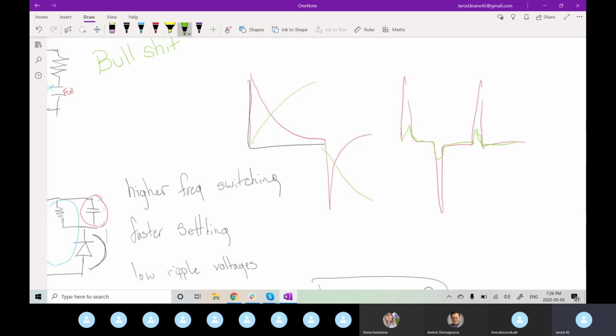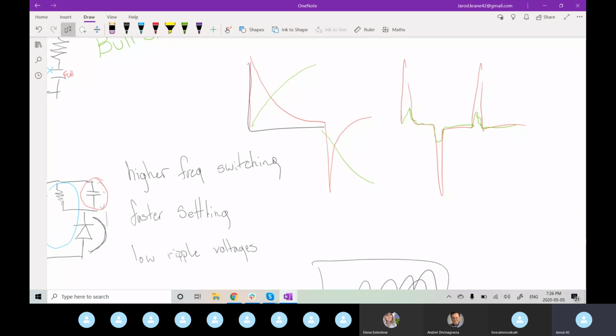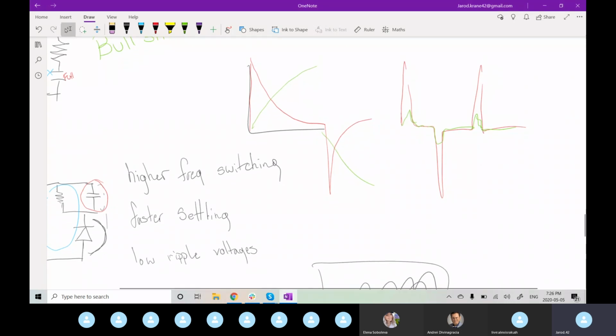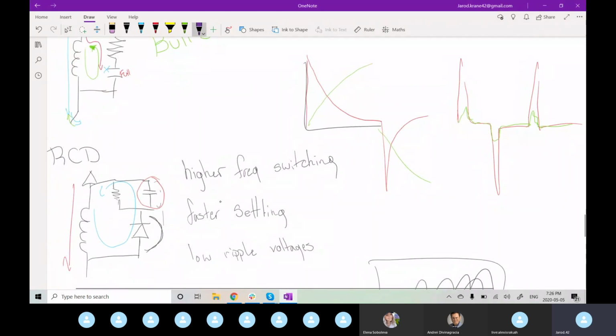That's what lower voltage ripple means, because this has a large ripple, whereas this now has a smaller ripple. And settling time is just how long it takes to discharge.